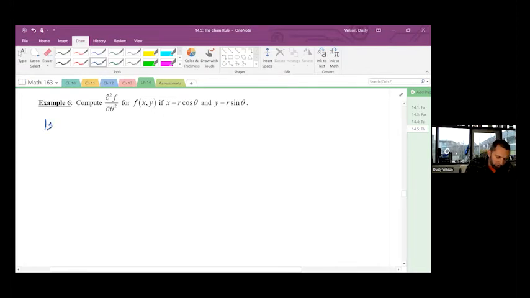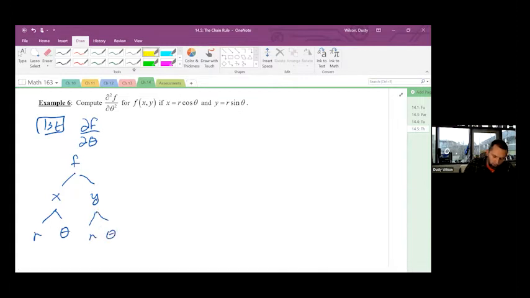Well, I should say first, we want to find the partial of f with respect to theta. And so we're starting with our f. It's a function of x and y, which are in turn functions of r and theta.